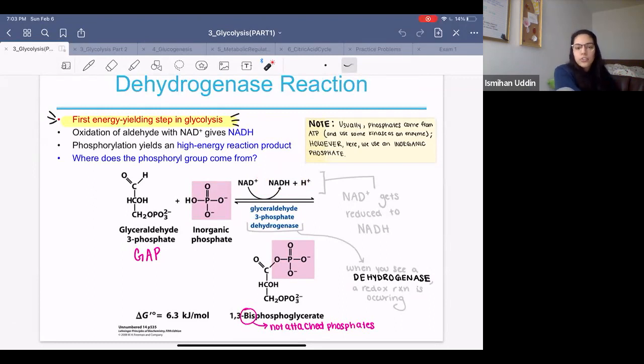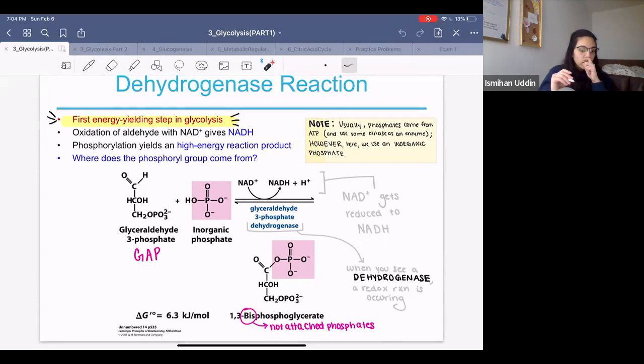Phosphorylation is a high energy reaction product. Ding, ding, ding. And where does the phosphoryl group come from? Typically, when we see that question, we go with ATP because that's what happened in the first and third steps with hexokinase and phosphofructokinase. Now, though, it's happening with inorganic phosphate.